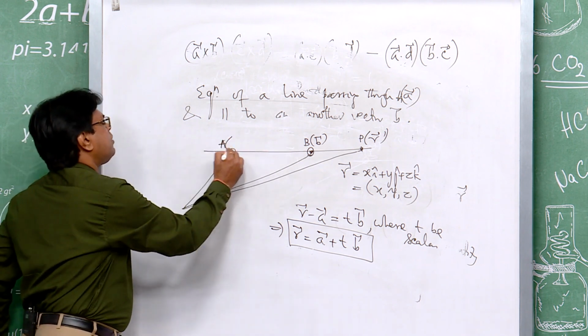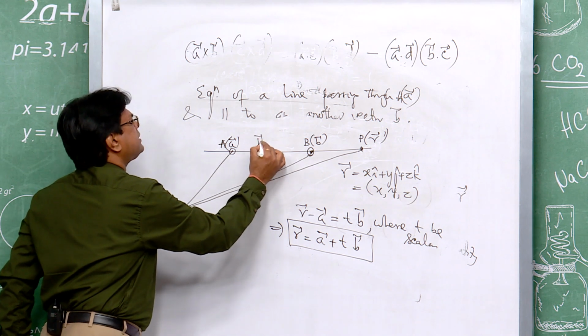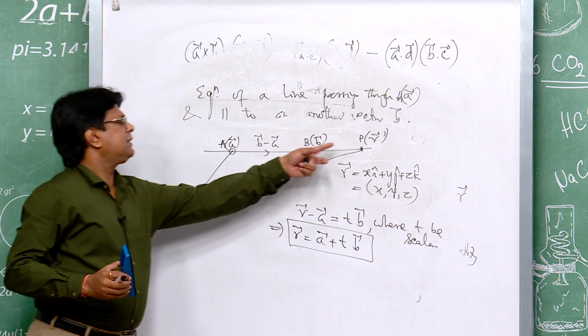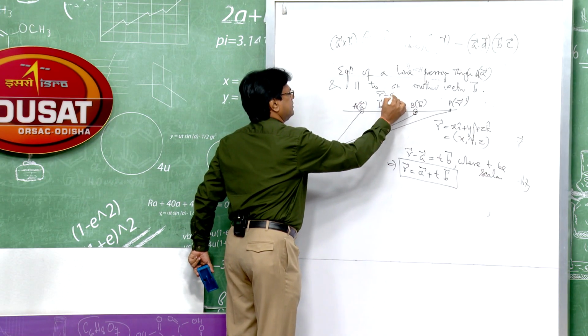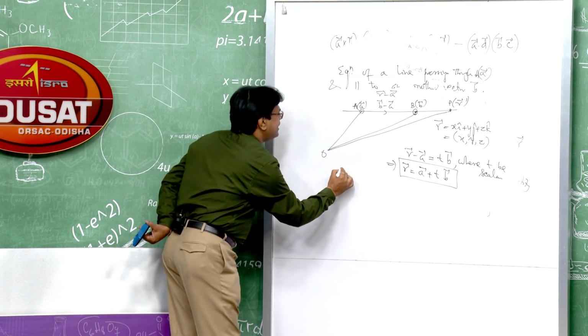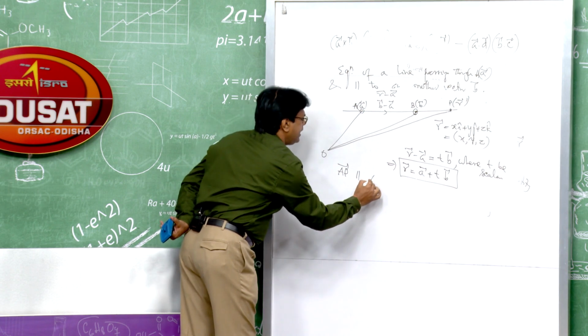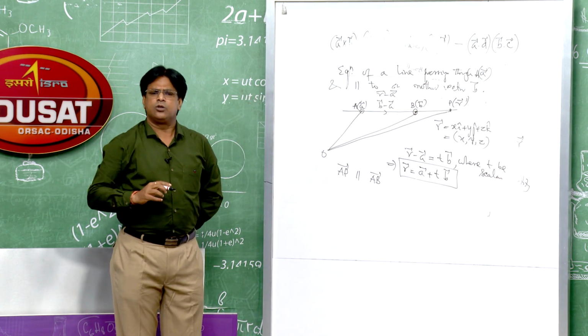So, AB means the vector B minus A. So, B minus A, and another vector is r minus A. Suppose we write that AP vector is parallel to AB vector, no doubt, because the 3 points are collinear.